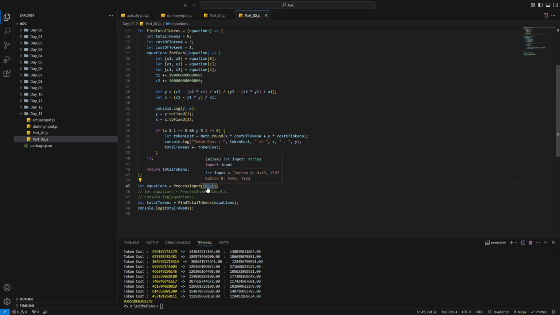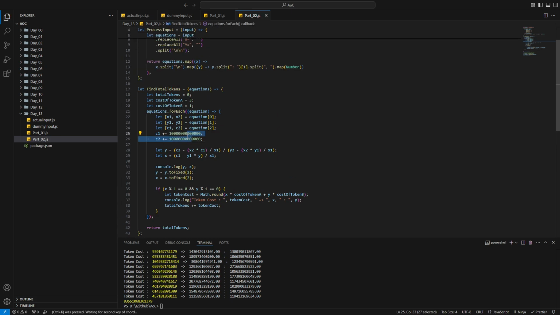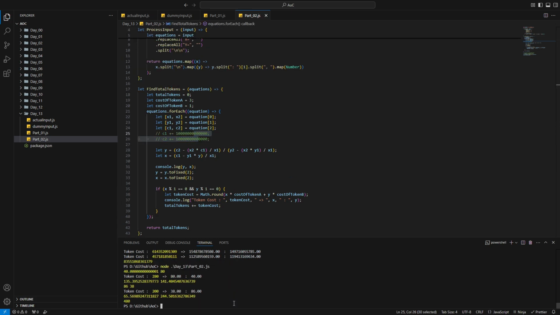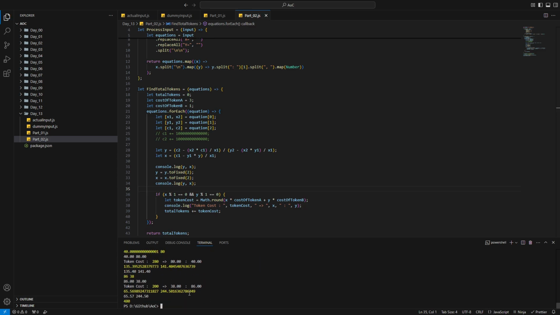Let's see this for the dummy input without these things. So now we get something like 40.0000 something 1. So this will cause us issues. So what we can do is truncate it to this point and then consider it. So 2 decimal points will be there. So what we get after that is something like that.